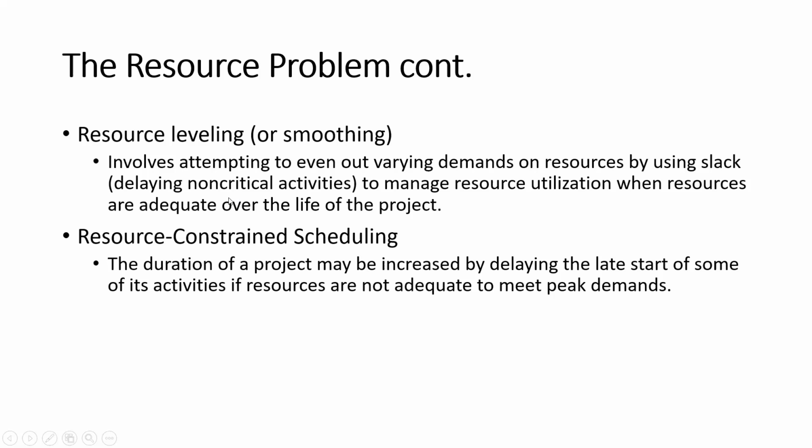So when we have problems regarding resources, we can level the resources, resource leveling, or we can call it resource smoothing, right? In resource leveling or smoothing, it involves evening out. Even out means evenly distributed.